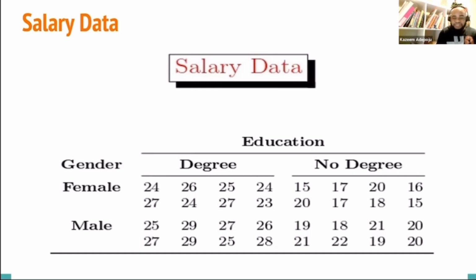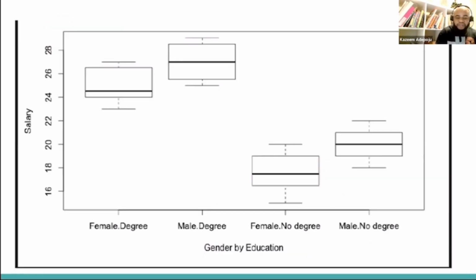Take a look at this example, where I'm looking at the effect of gender and education on salary. Gender has 2 levels, education has 2 levels, degree or no degree. These are the box plots of that. As you can see, there are differences between female and male, with degree or no degree.